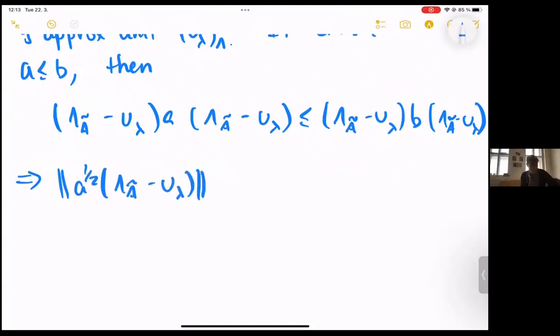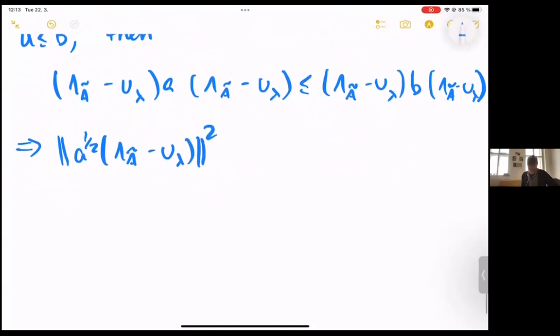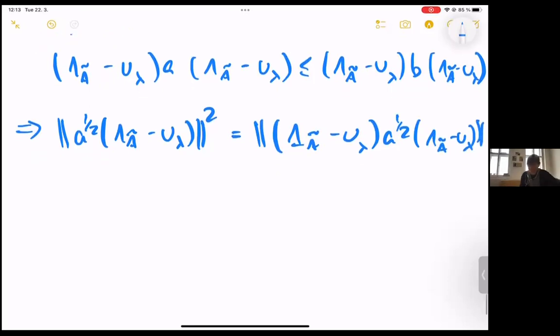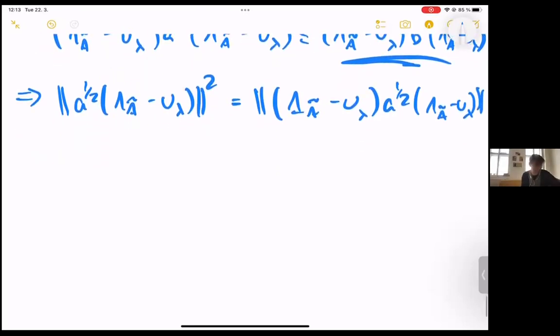So this is just applying the C-star equality. I'm skipping a few steps. So this guy is going to 0.